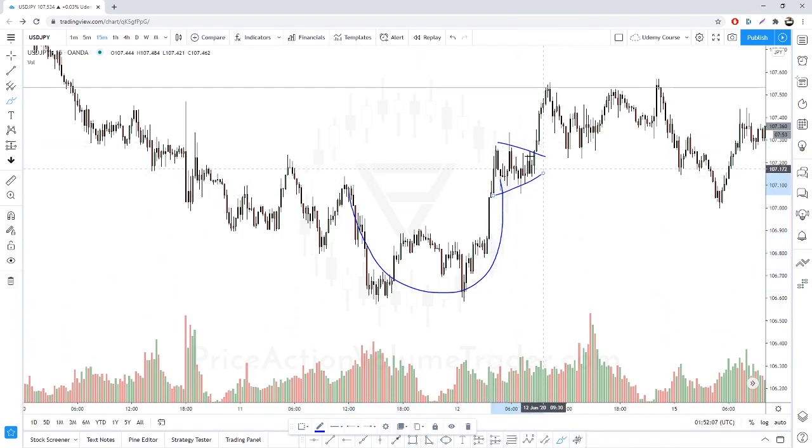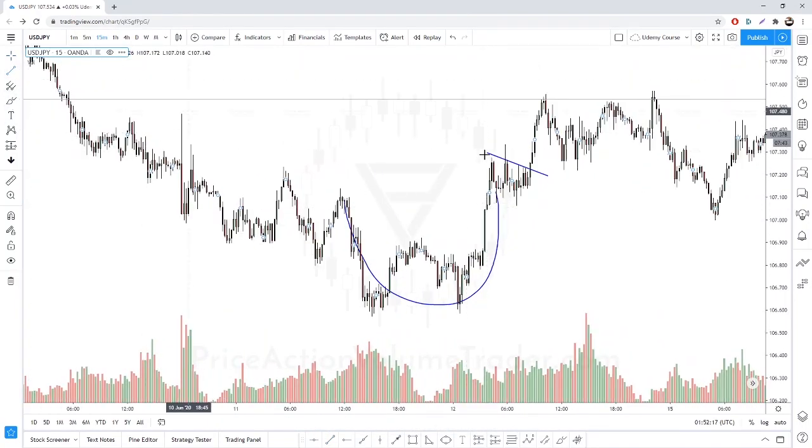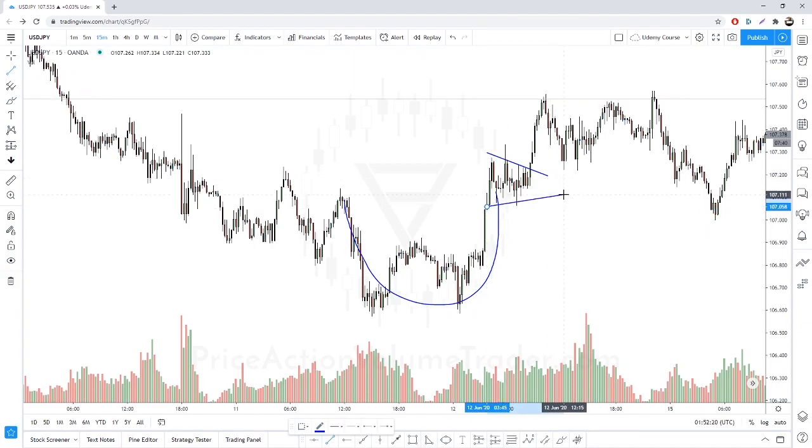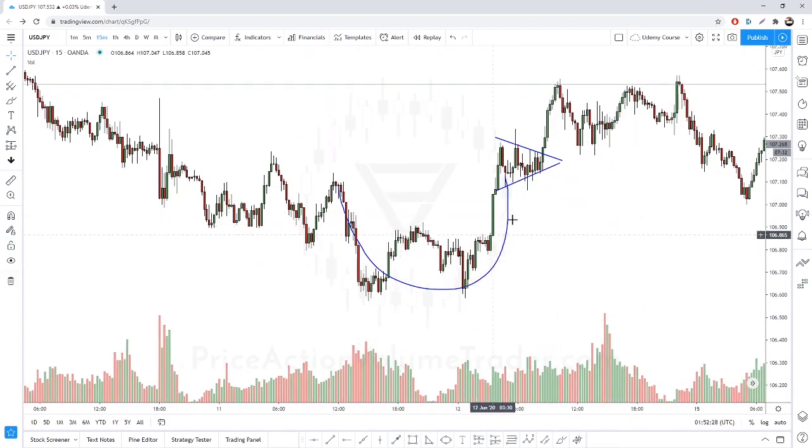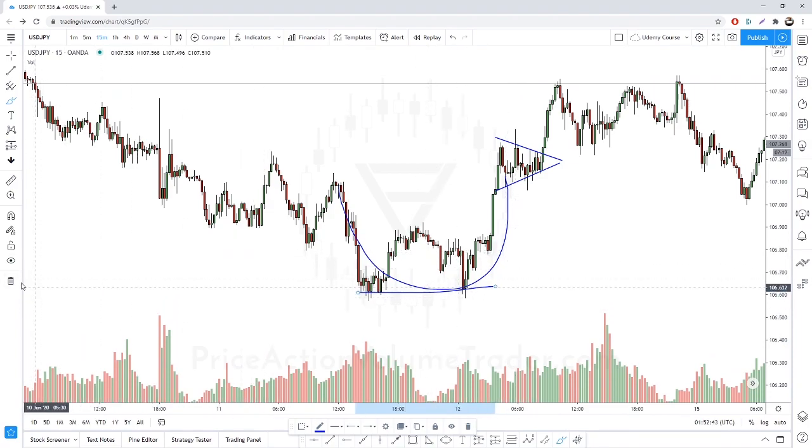Then let me use the line tool so it's neater. We have the pennant, and we have the breakout to continue. So basically the cup, we can see as a bottom that we form where we establish a level of support.